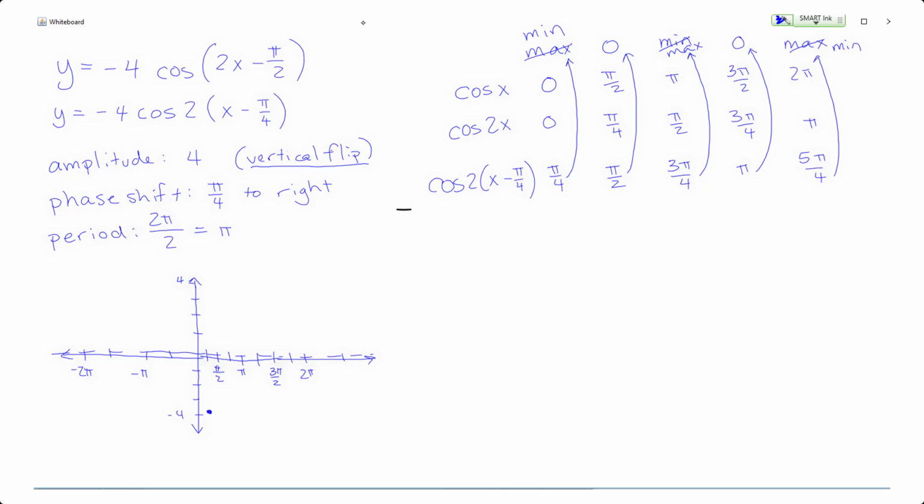Then by pi over 2, I'm at 0. Then at 3 pi over 4, I'm up at my maximum, which is at positive 4. And then by pi, I'm back down to 0. And by 5 pi over 4, I'm back down to my minimum again. So my curve is going to look something like this.